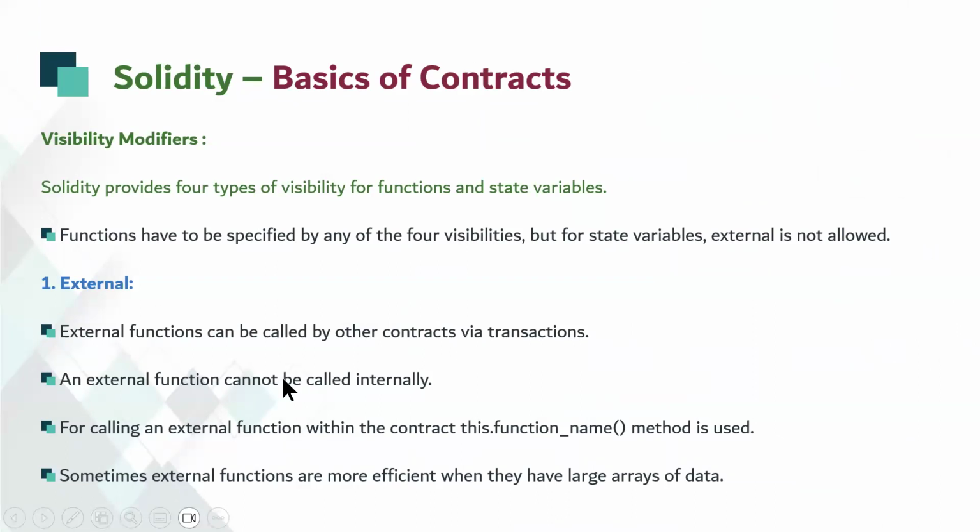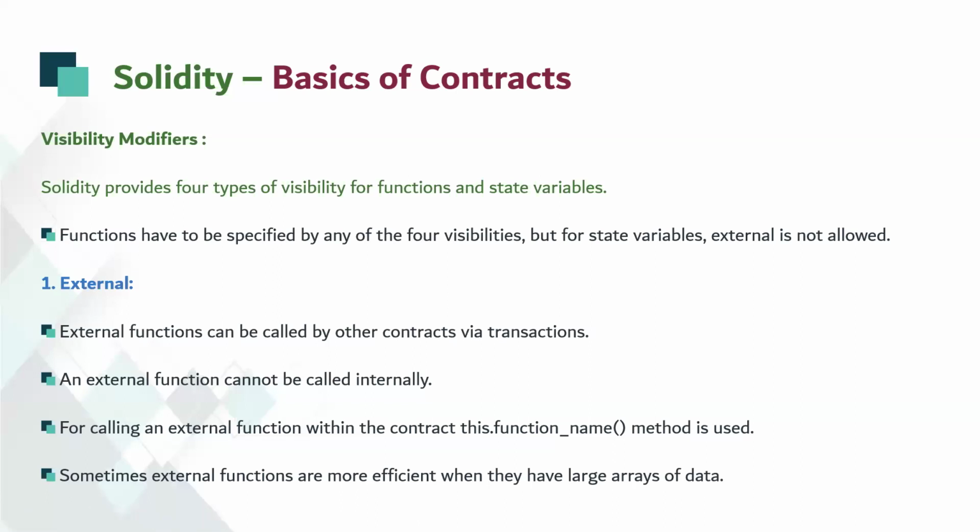About the external, functions can only be called by other contracts via transactions. They cannot be called internally within the same contract. So to call an external function from within the contract itself, we need to use the this keyword followed by the function name, as you see here.